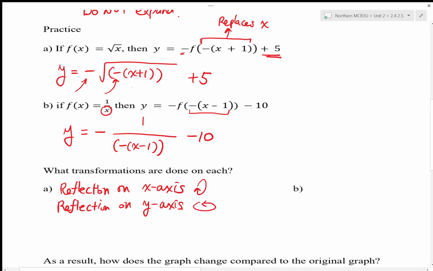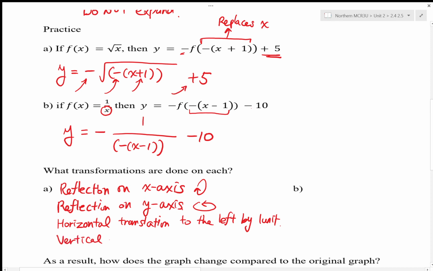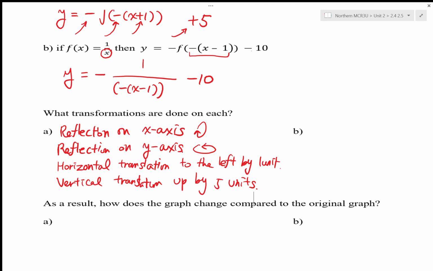Now we take a look at the plus 1. The plus 1 gives me the horizontal translation to the left, hopefully remember this, to the left by 1 unit. And then we have plus 5, so we get vertical translation up by 5 units. Okay, so hopefully you understand this.